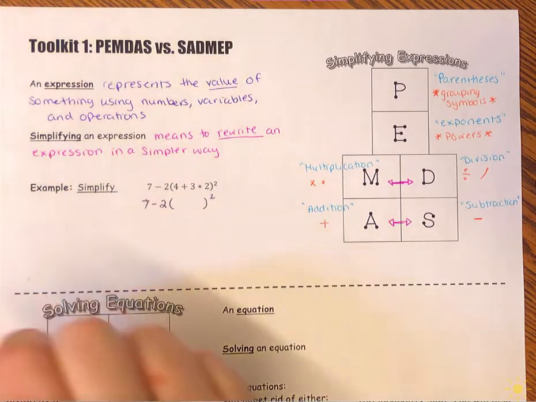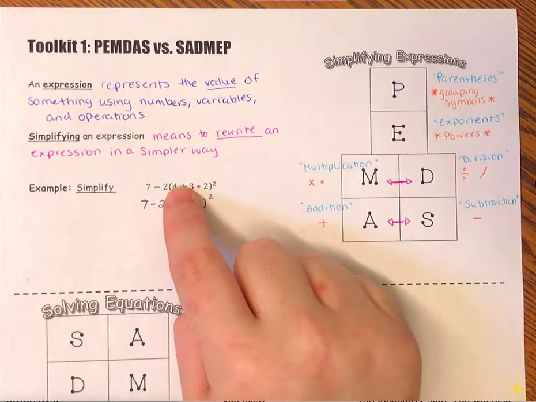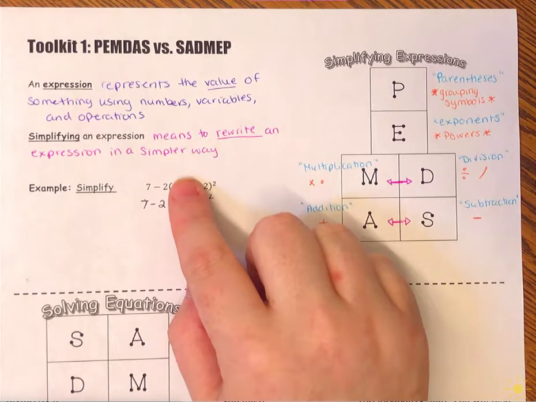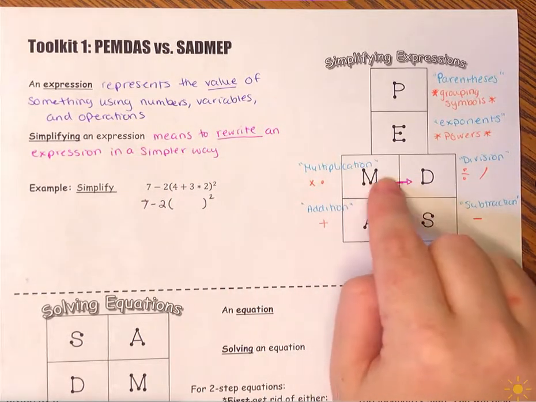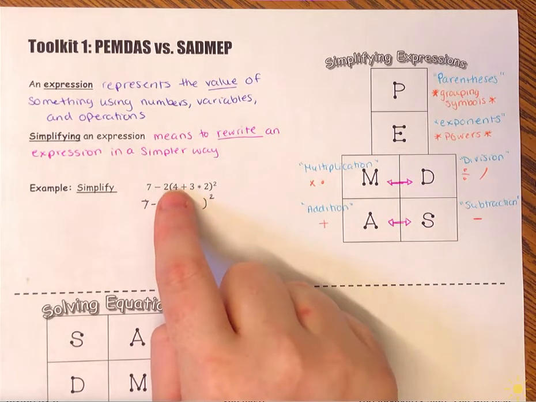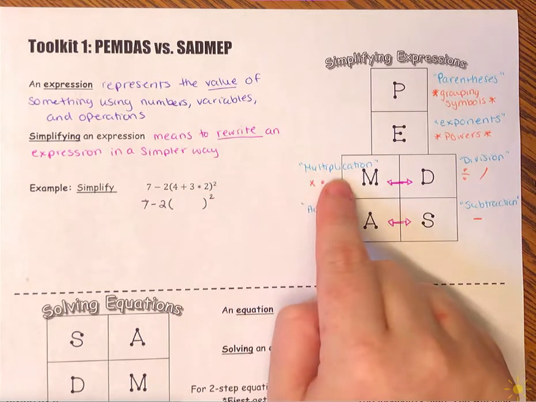Now inside the parentheses, we look for, do we have any exponents inside the parentheses? So we have a 4, 3, and a 2. There's no exponent inside the parentheses. So then we come down to multiplication division. We look for multiplication and division. So as we go, we have 4 plus 3 times 2. We do have a times, which is your multiplication.